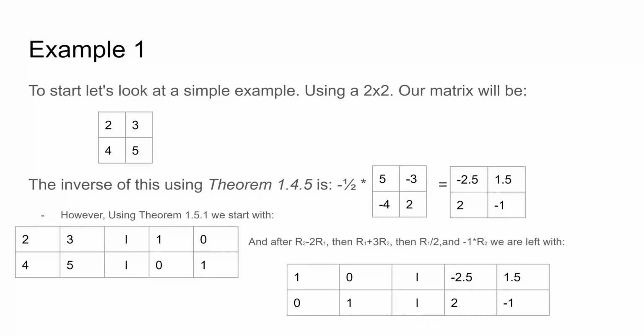So try doing a 2 by 2 to start off. So you could do this using theorem 1.4.5, which basically just says it's 1 over AD minus BC.